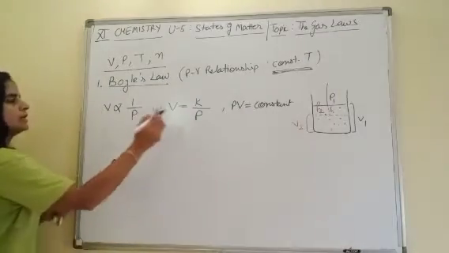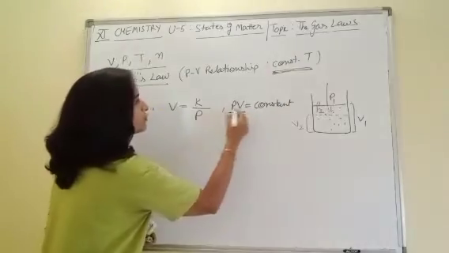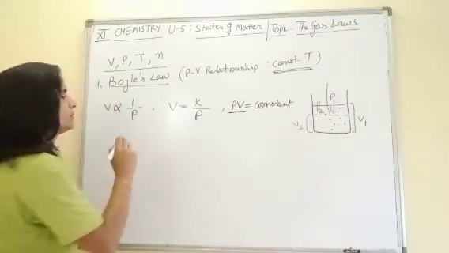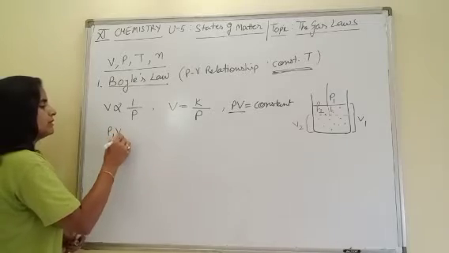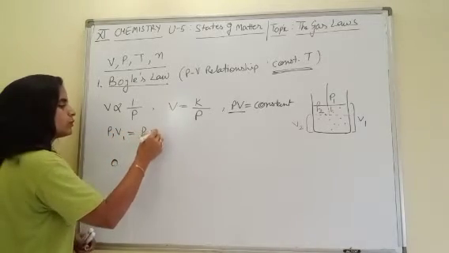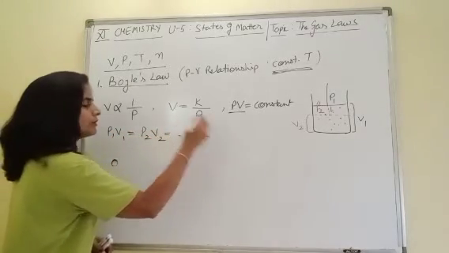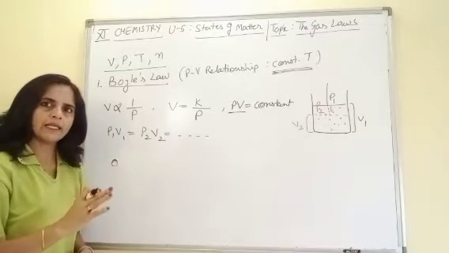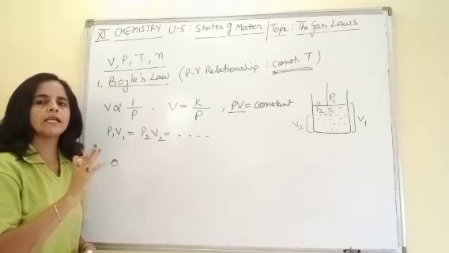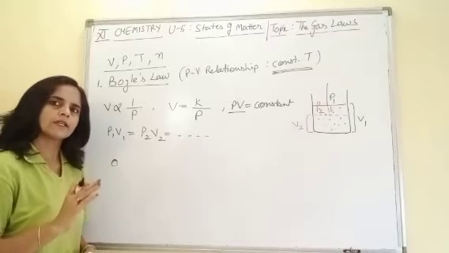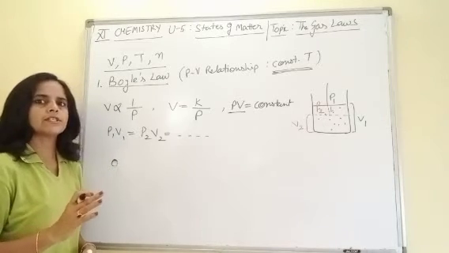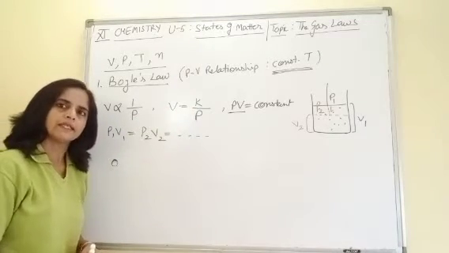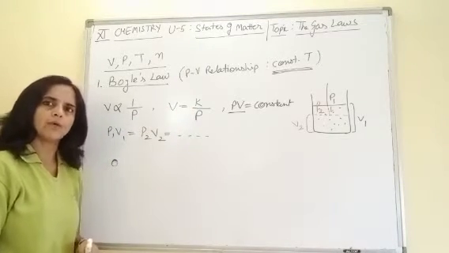So the product PV always comes constant. We can write P1V1 equals P2V2 and so on. Whatever the number of readings you take, the product of pressure and volume always comes constant. This is the relationship between pressure and volume at constant temperature given by Boyle.